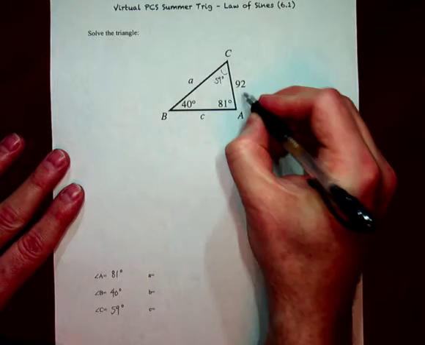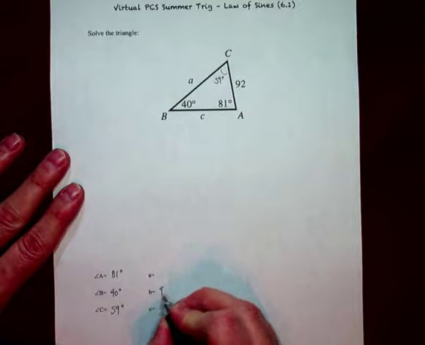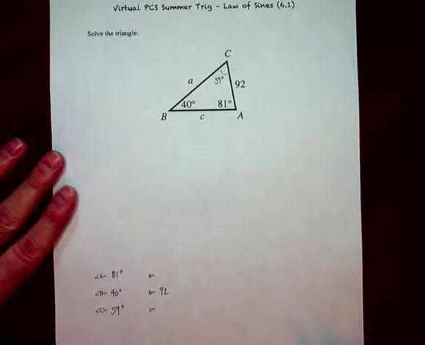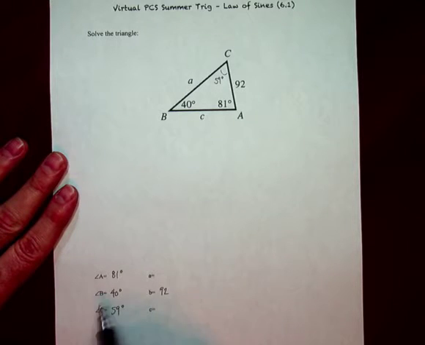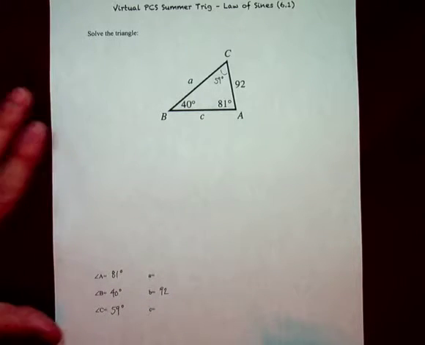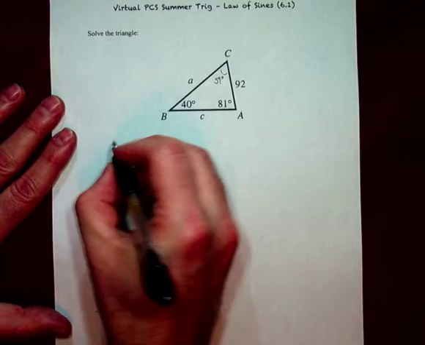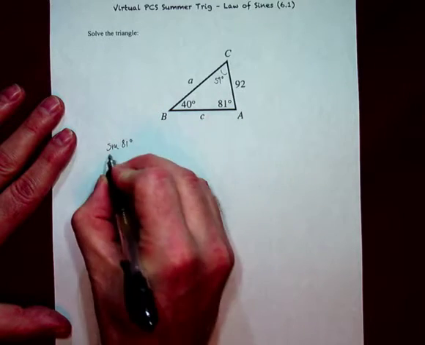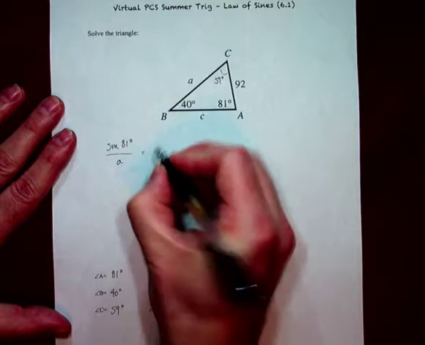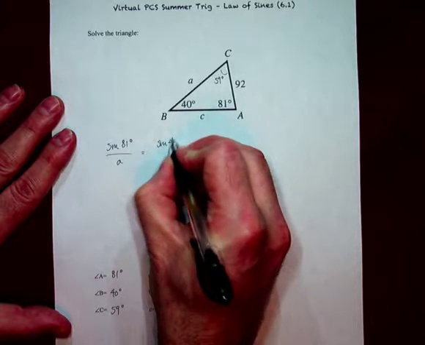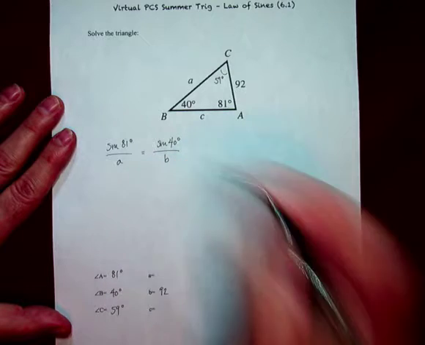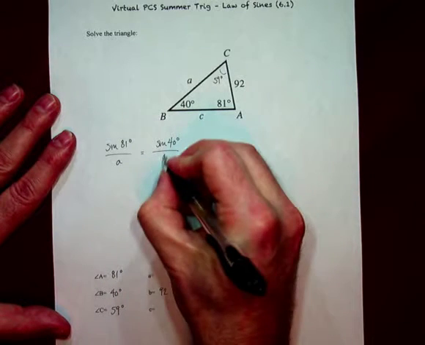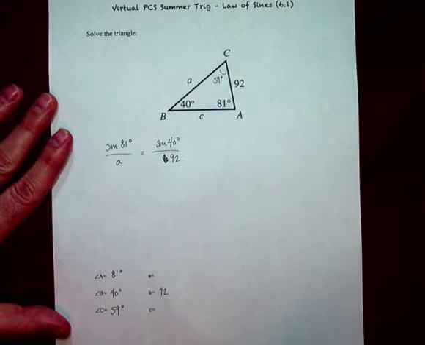Now you already have side B at 92. All you need to do from here is set up proportions, okay? So let's say we have sine of 81 degrees over A is equal to sine of 40 degrees over B. Now B, of course, actually has a value.